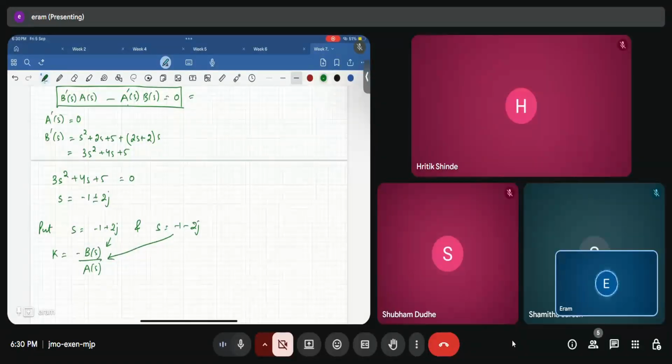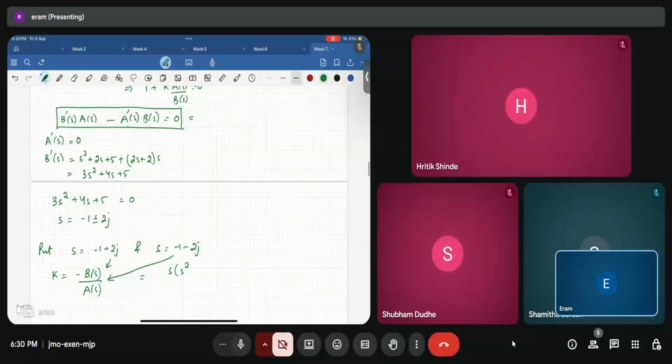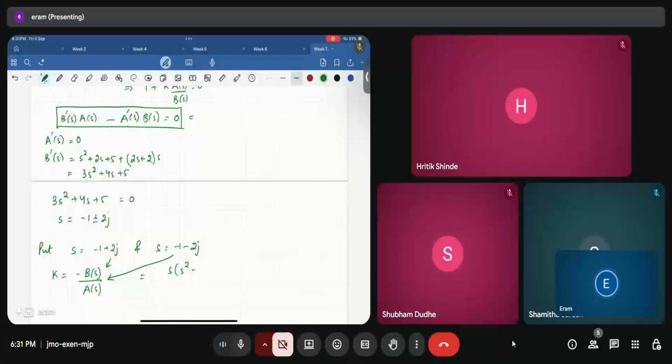What will you get then? We have B(s) as s into (s square plus 2s plus 5). Now, have I calculated this correctly? I think this s will be different.